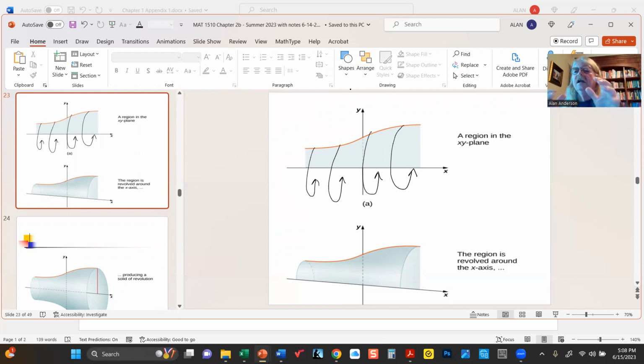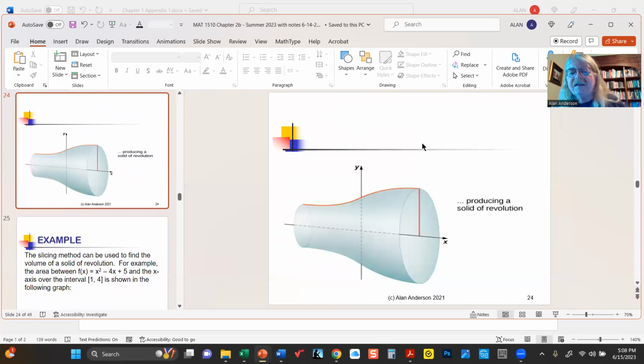It's just uncanny how it goes from this big blob of clay to a beautiful shape. And so you're doing something similar to that. You're spinning it around, and all of a sudden you have this. That is what we mean by solid of revolution.